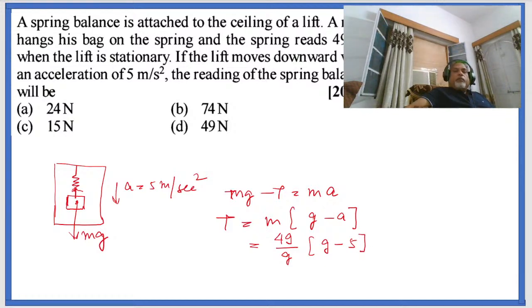If you put the value of g, then this will give you 24.